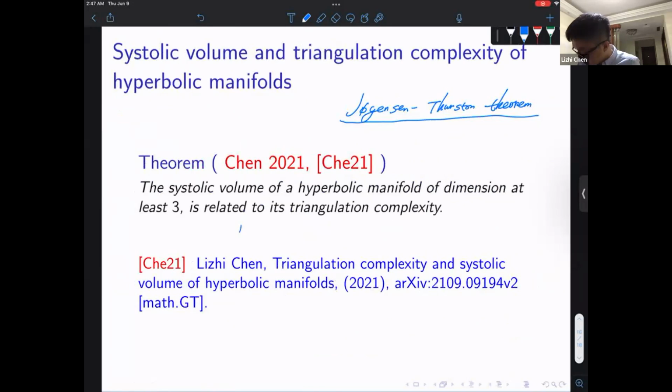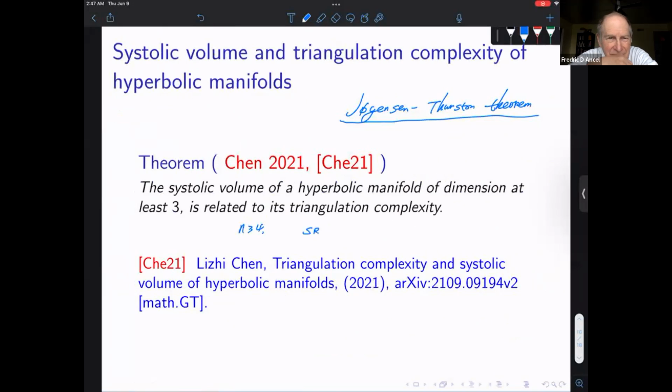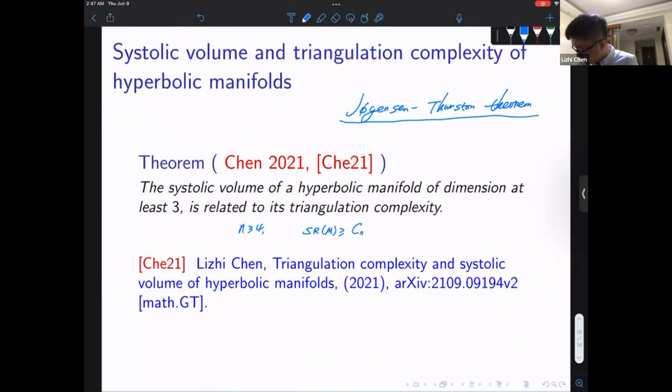When the dimension n is greater than or equal to 4, the systolic volume is related to the triangulation complexity like this. On the top is the triangulation complexity, and on the bottom is the logarithm to the nth power.